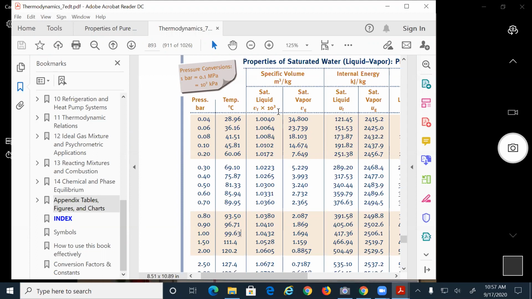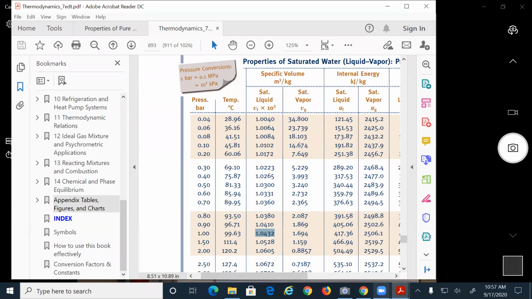Now, what would be the volume? The liquid V sub F, the volume at which this is going to saturate, would be 1.0432, actually 10 to the minus 3, because this is a 10 to the minus 3. So this will be 0.0010432, okay?